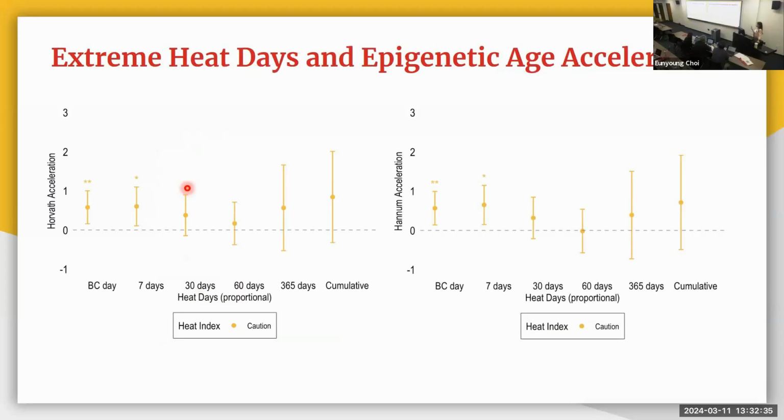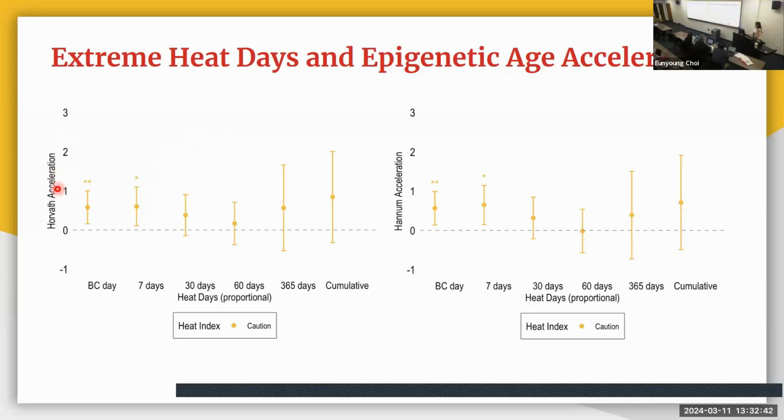So it shows the extreme heat days and then epigenetic age acceleration. What you see on the y-axis here is Horvath acceleration on the left side and then Hannum acceleration on the right side. And the x-axis represents different time windows.